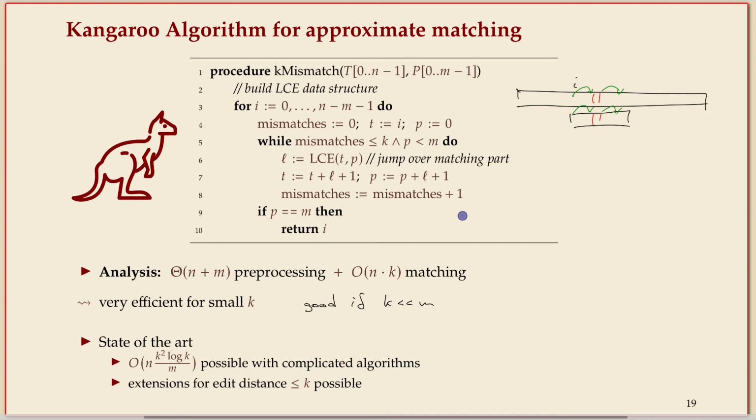This is not the end of the story. But in this model, there's no easy ways to improve this further. But you should think of k as being relatively small anyway. If you allow many mismatches, you'll find lots of spurious matches in your text. So the useful realm is when k is a small constant. And then this is a really fast algorithm and a huge improvement over the n times m.